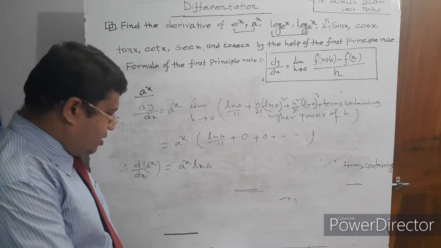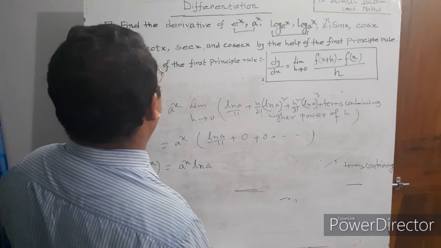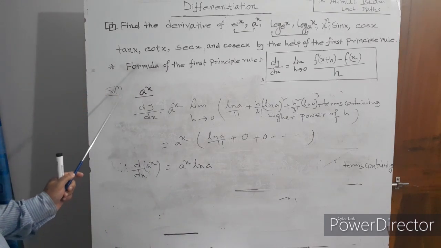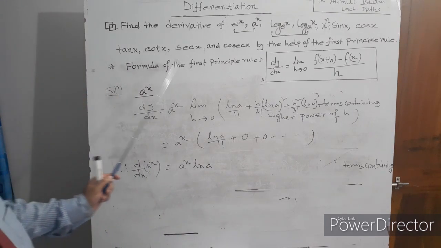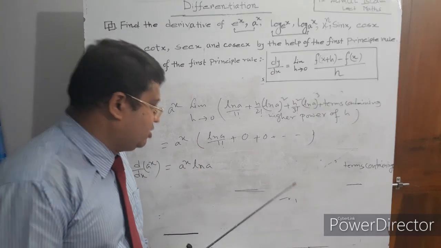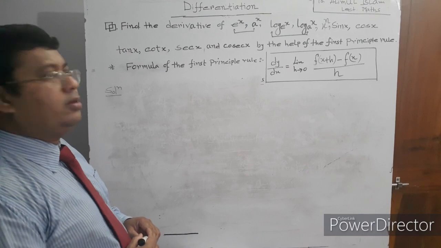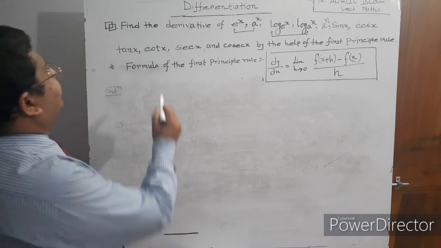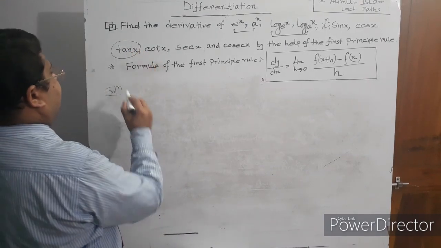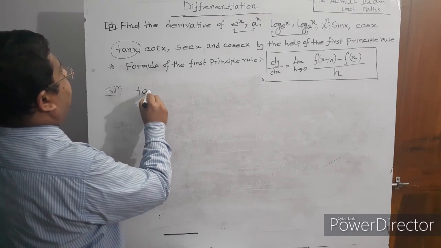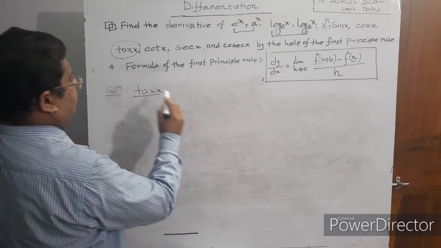Okay, next I am going to determine the derivative of tan x by the help of the first principle rule. Now, next, this is tan x. Let me take the derivative of tan x.